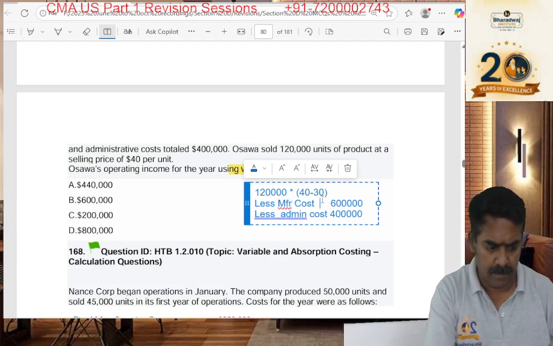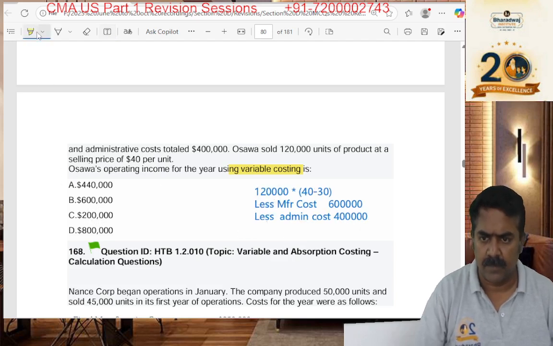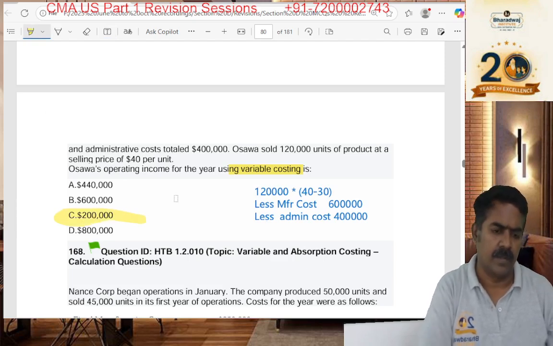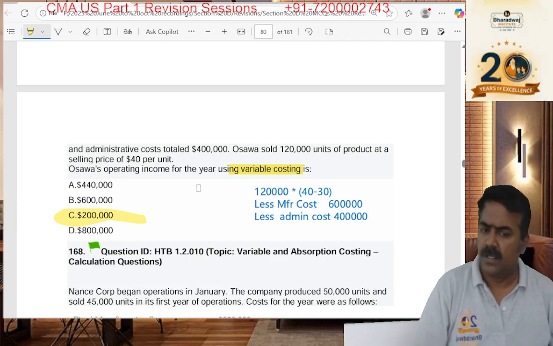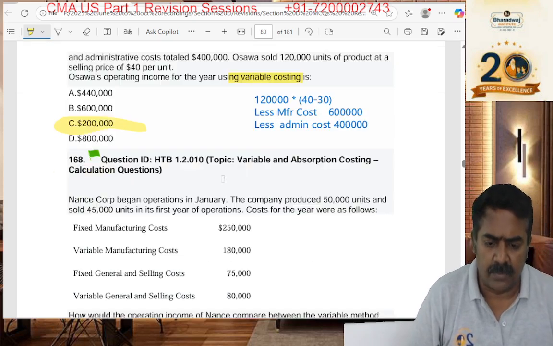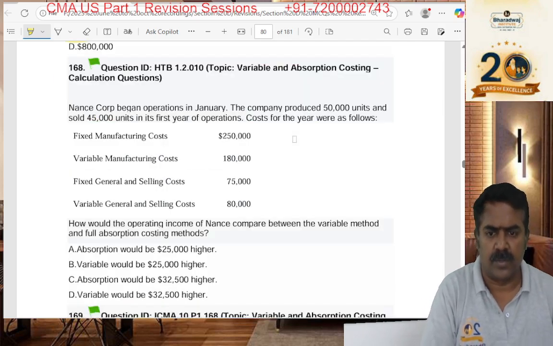What is the answer? 2 lakhs. 1,20,000 into selling price minus variable cost. Both fixed manufacturing cost and administrative cost are treated as what? Product cost.